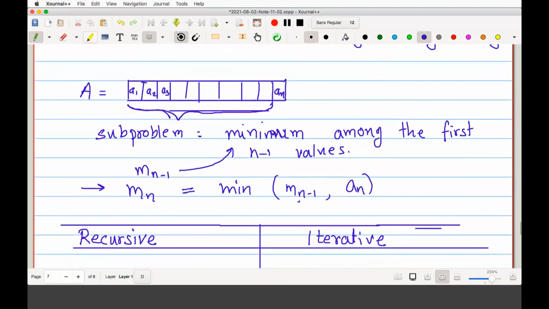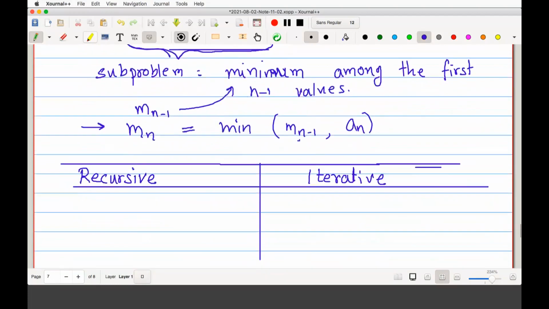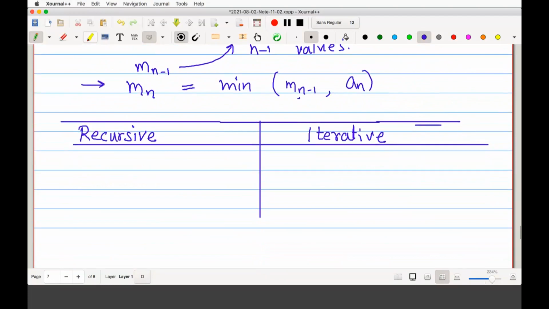Now let me come to the implementation. If you want to implement this idea recursively, you could define a function with the name min, which takes as input an array a and an index i. It is supposed to output the minimum value among the first i values.